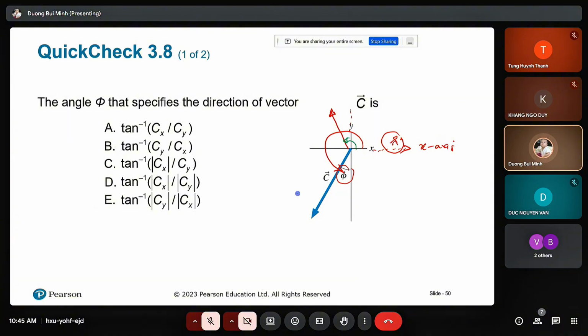For example, here is vector A, here is vector C. So we know vector C is faster than, or leading, vector A. Because you stay here and you can see C goes first, A follows C. Do you understand? Okay, so remember that.